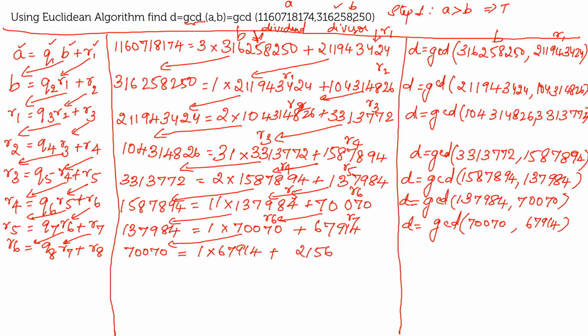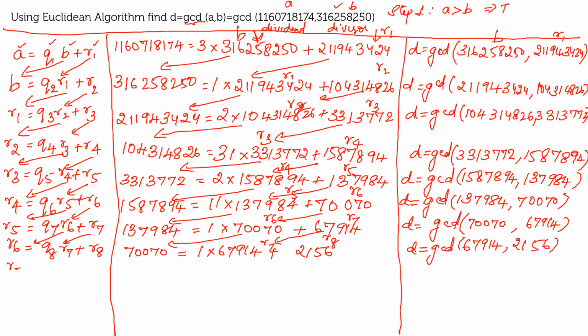2156. Okay. Now D will be equal to GCD of what? R7 and R8. So what is your R7? GCD of 67914 comma 2156. Okay.